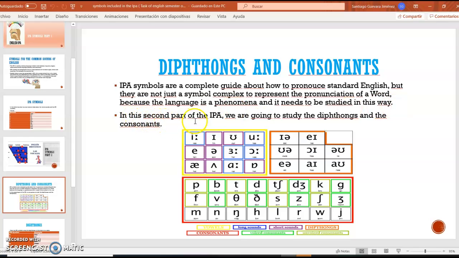In this second part of the IPA, we are going to study the diphthongs and the consonants.